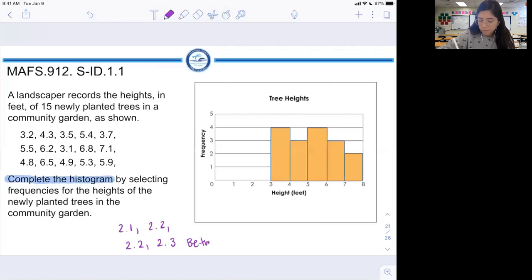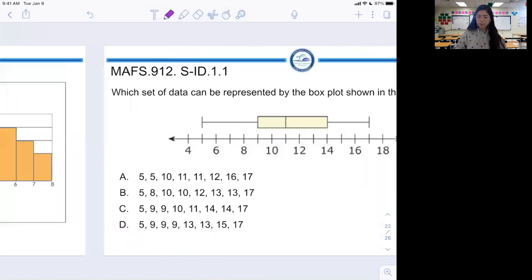All of those numbers are between what numbers? 2 and 3, exactly. And there's 4 of them, so I would make a bar up to the number 4 and fill it in. Okay, that's my histogram.